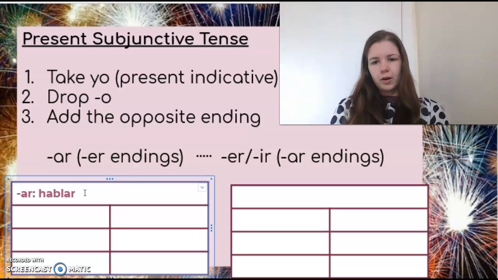So if I have an AR verb such as hablar, I'm going to start with my yo form in the present, which is hablo. Now I'm going to take off the O, so I'm left with habl.